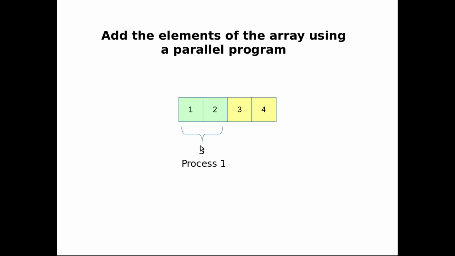So one process will create the partial sum 3, and we will use another process to add the last 2 numbers. So another process will create the partial sum 7, and then we will use one of the processes to collect these partial sums and calculate the final sum, which is 10.